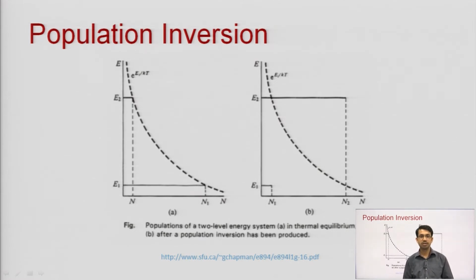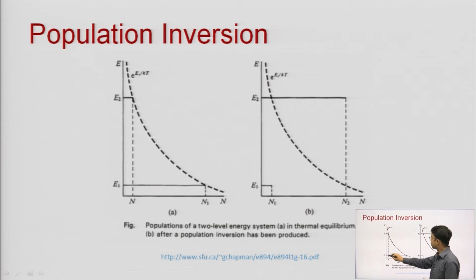It is given by G1 exponential of minus E1 by kT, and similarly for E2. Over here you can see the curve for the normal distribution of electrons when the material is in its normal state. The energy is on the y axis: this is the energy of the E1 state, which we call the ground state, and this is the energy of the E2 state, the excited state of this two energy level system.